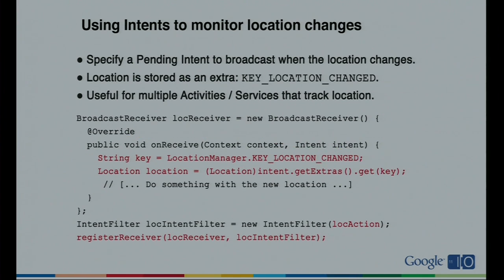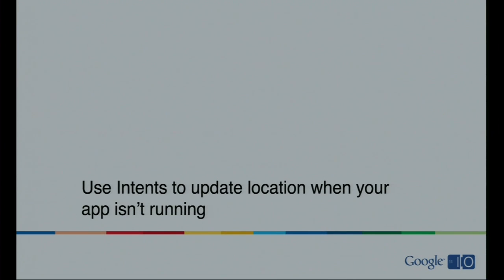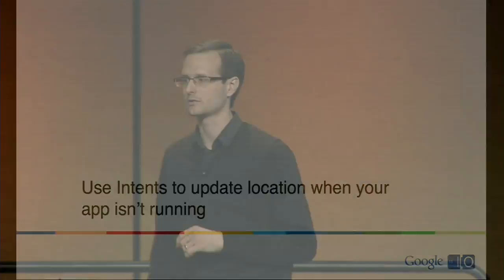Now, where things get really interesting is if you use these in combination. So now what we can do is actually use intents to update your location even when your application isn't running. And how's that going to work? Well, we're broadcasting intents, which means you can register a manifest receiver, which is going to listen for those updates. So you'll note here that the action that we're listening for is the same action we specified when creating our pending intent for those location updates.